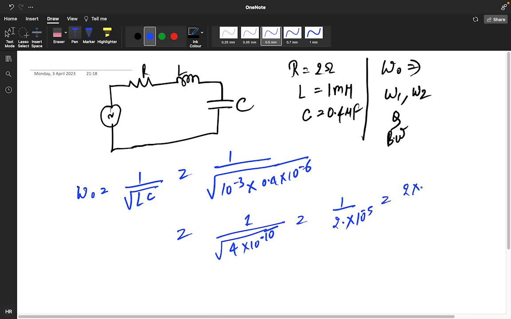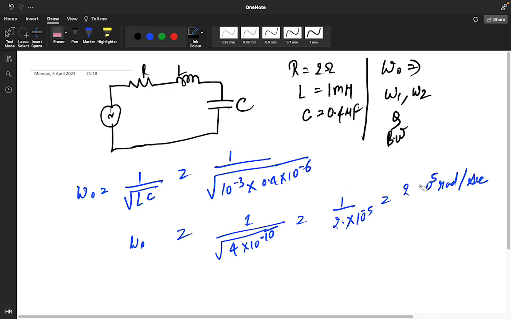So 2 into 10 to the power 5 radian per second. Is everyone getting this result for the omega naught value? Or did I make any mistake? Yeah, okay, you are right.